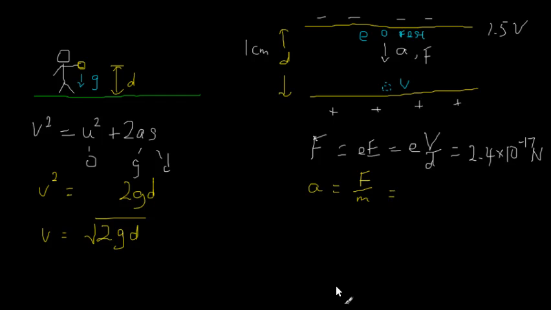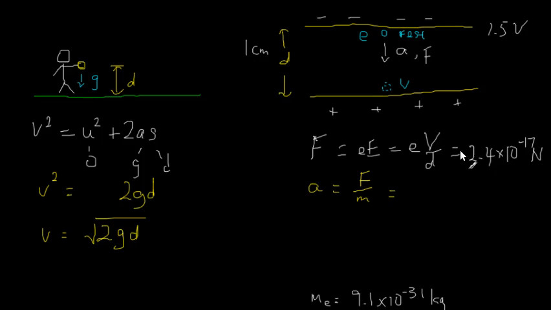Now we know the mass of the electron. Let me write it down here. Mass of the electron is equal to 9.1 times 10 to the power of minus 31 kilograms.